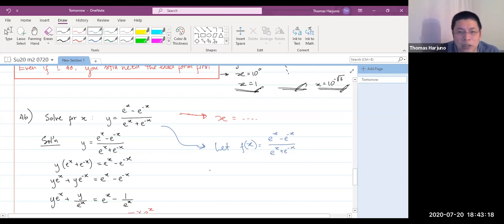Now then, notice that the first possible question is to find the domain. But you will see the domain depends on the denominator cannot be 0, right? Okay, the denominator cannot be 0. But you see e to the x plus e to the negative x, both of them non-negative.